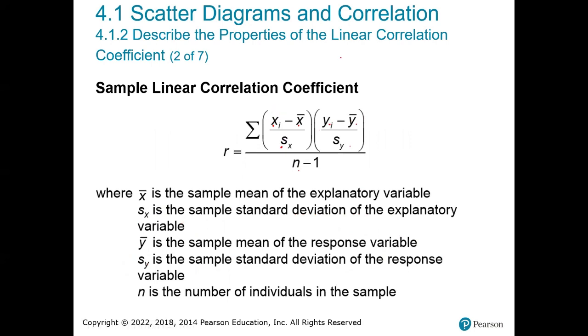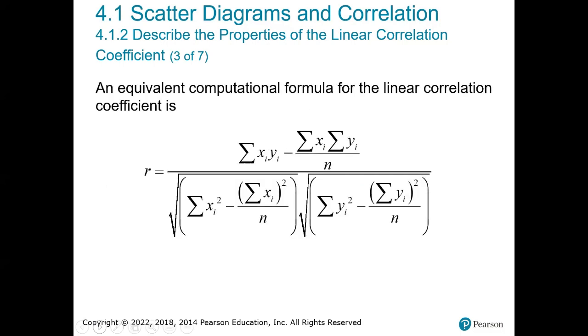We've got our x data values, our x mean, our x standard deviation, our y data values, our y mean, our y standard deviation, and how many pairs of data I have. Okay, it's a lot of math. This is one version of the formula. I'll show you an even scarier version of the formula here.